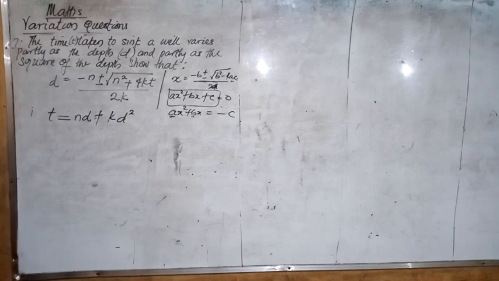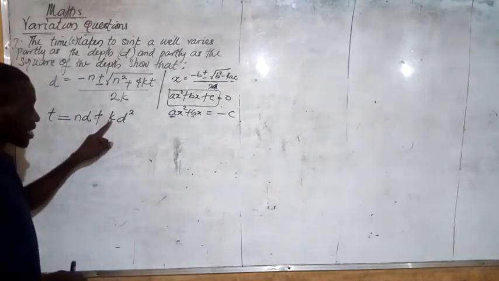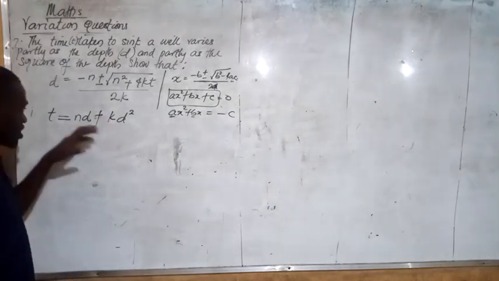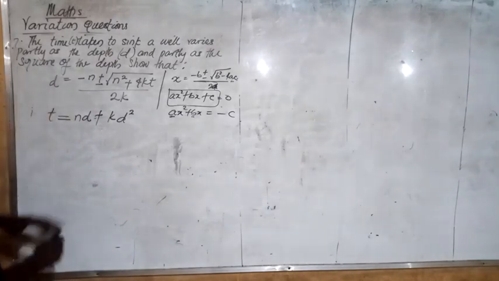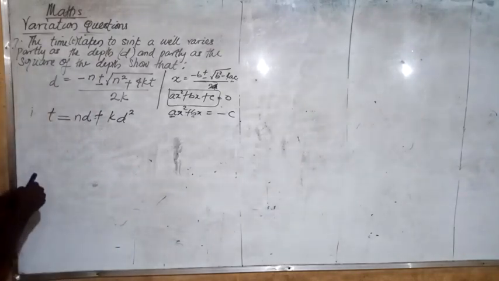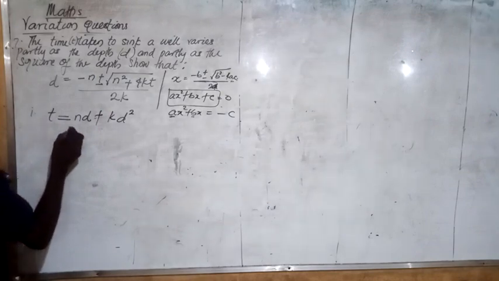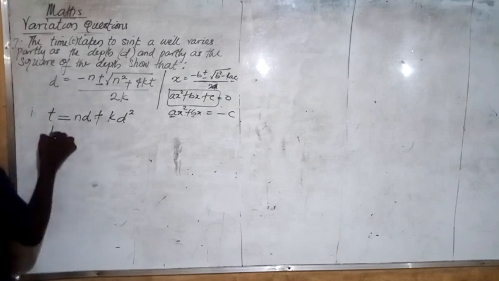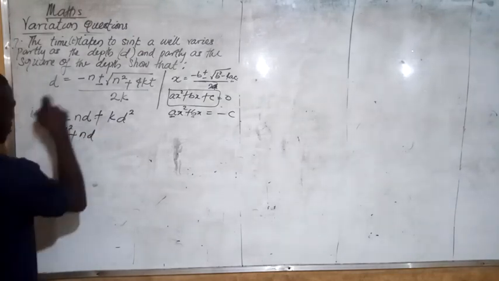So the first constant is n, and the second constant is k. So this becomes our equation. So that by the time we want to solve this as a quadratic equation, the equation becomes kd squared plus nd.